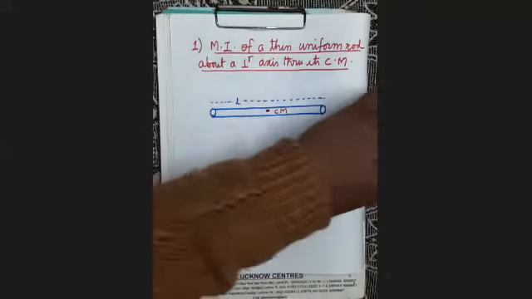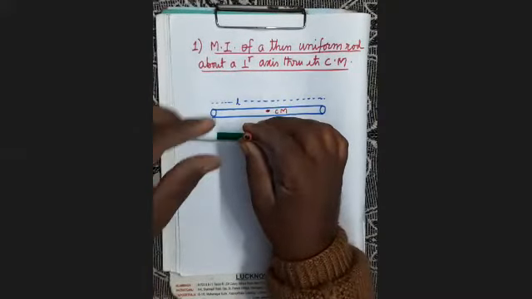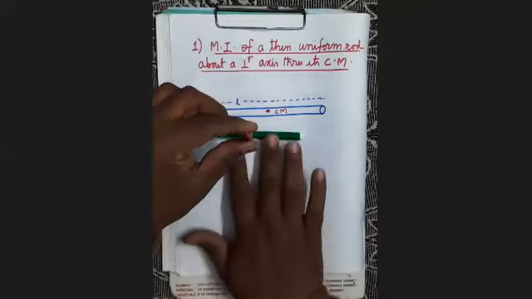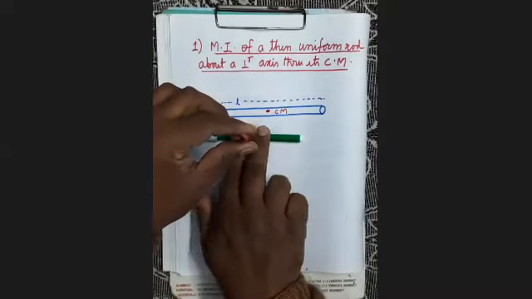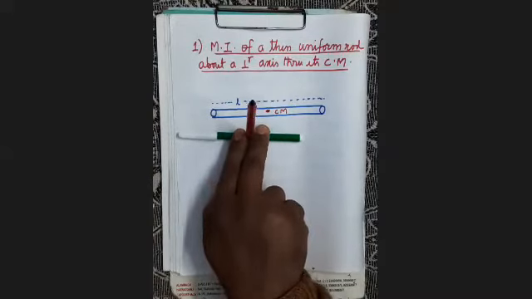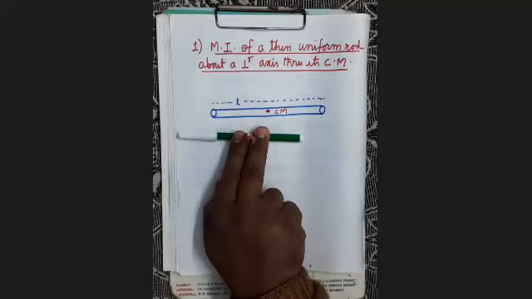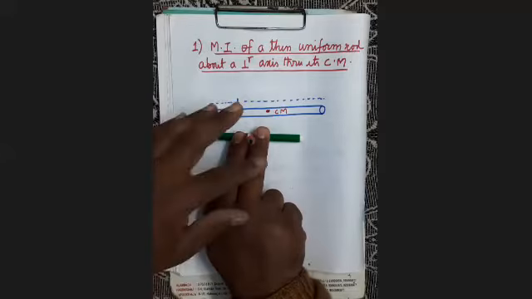Means rod ऐसे है तो ये क्या है, ये ऐसे pass. You can see here, it is the rod, so the axis is passing through this way. It's clear. It is perpendicular to the length of the rod and passes through the center of mass.